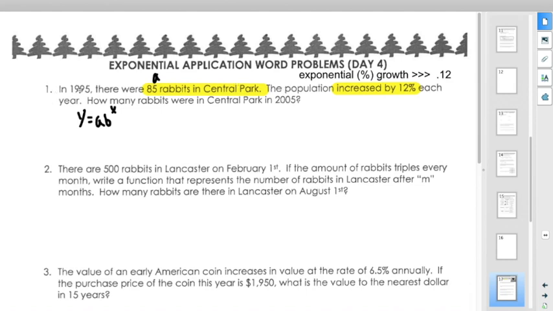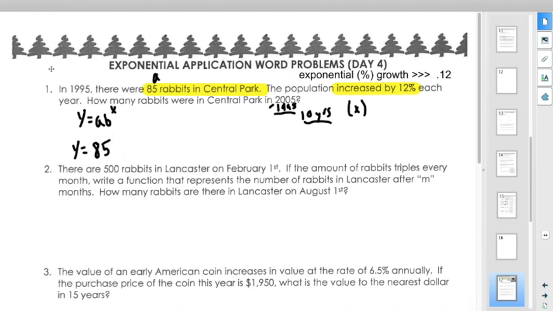Starting in 1995, it's asking how many rabbits are in 2005. What is the difference there? How many years has it been? Well, from 1995 to 2005, that is 10 years. So we just found our x too. Let's fill in the equation. Y equals, my initial value is A, so 85.